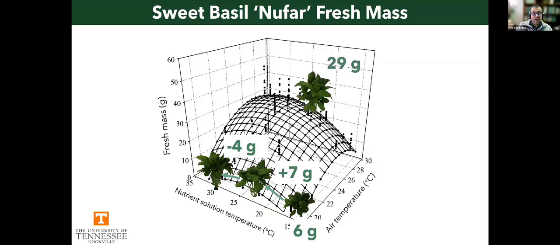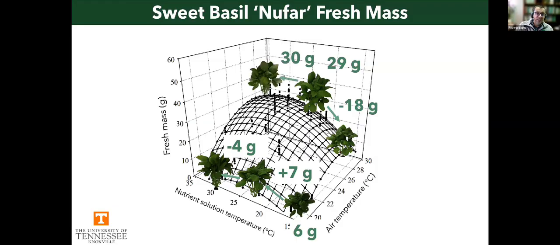Now let's look at what happens when we increase that root zone temperature, or excuse me, that air temperature to around, let's say, 86 degrees Fahrenheit. We see that we have a very large increase in the fresh mass. However, if we reduce the root zone temperature, we actually see a decrease in fresh mass.